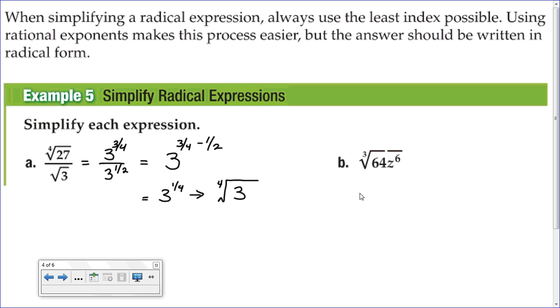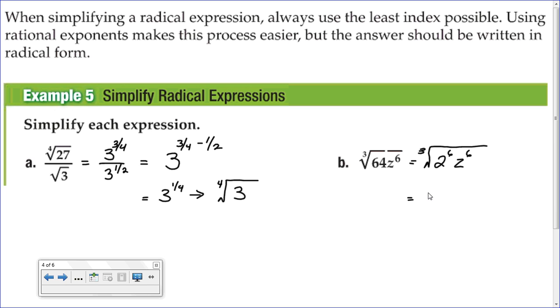And my last example, 64. Alright, if you think about 64, 64 is actually 2, 4, 8, 16, 32, 64. That's actually 2 to the 6th power. So I have 2 to the 6th, z to the 6th, and I'm looking at the third root of this thing.